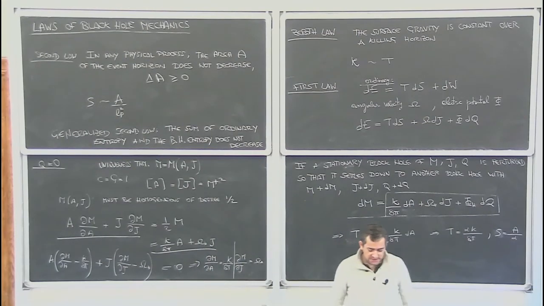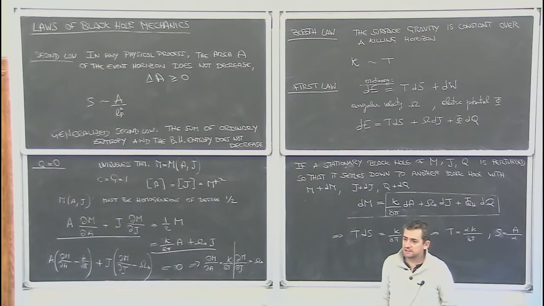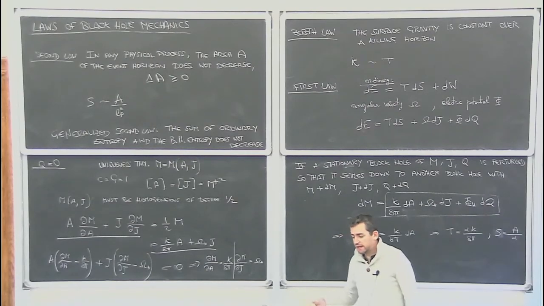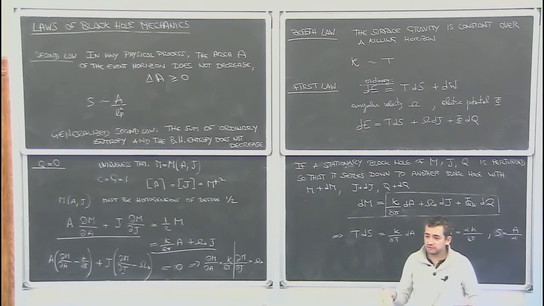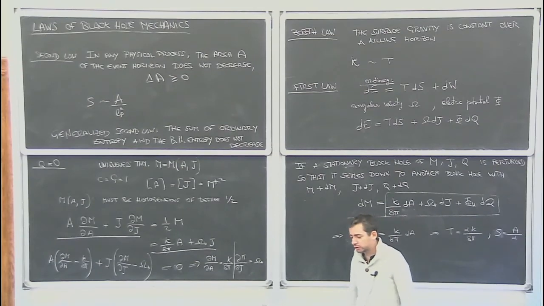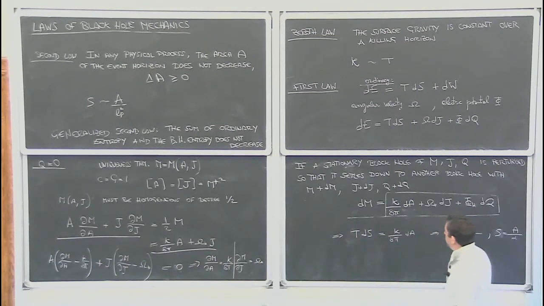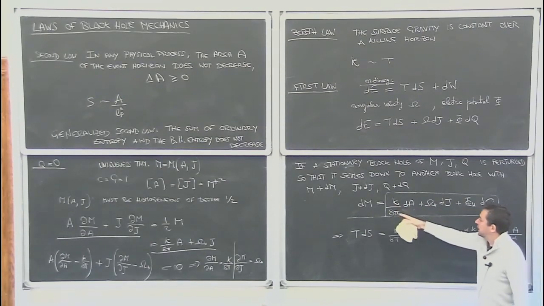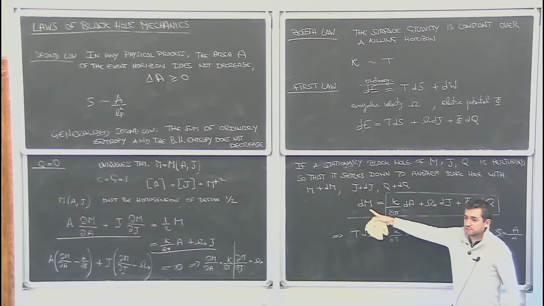Again, as I said, the definition of mass in GR is a bit delicate, or there are different notions. In asymptotically flat or asymptotically AdS spaces, the definitions may not always work in the same way. So it's an a posteriori check that you have to make. For instance, I can define my mass by integrating the first law here.